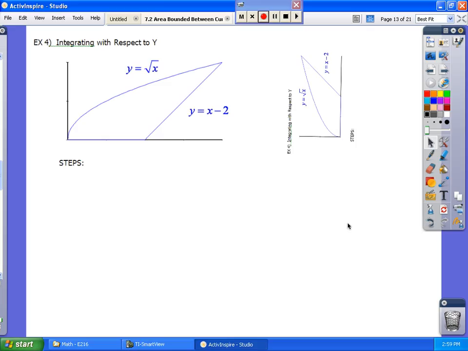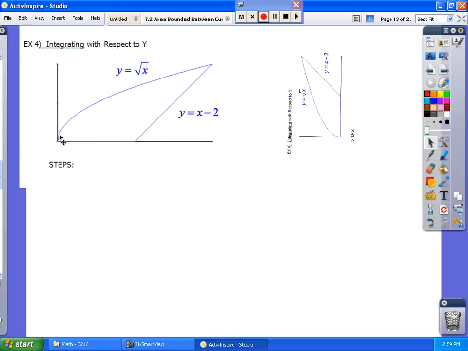What I want you to relate this to is the fact that you're still going to look at the highest, so top minus bottom, but when we do a dy problem, we're actually going to go side to side. And what that causes us to do is draw our representative rectangles horizontally. These are the rectangles that would be representative of us trying to find our area.